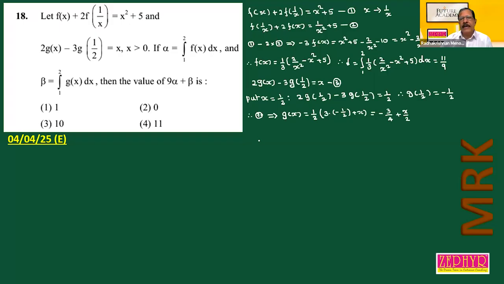Now we have to find out beta. Therefore, beta equal to integral 1 to 2, what is g of x? Minus 3 by 4 plus x by 2 dx.